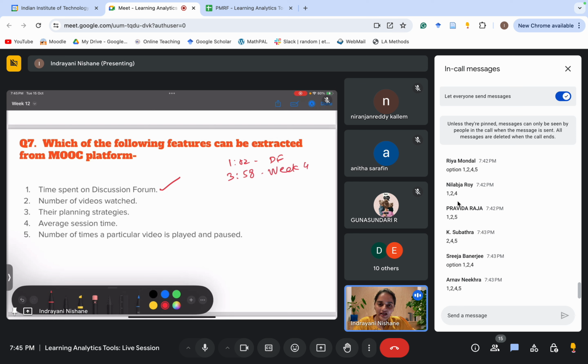This information I have. So based on these two data points, can you calculate how much time I have spent on discussion forum? DF is discussion forum. Can you tell me how much time I have spent on discussion forum?